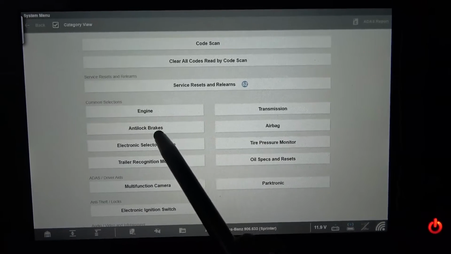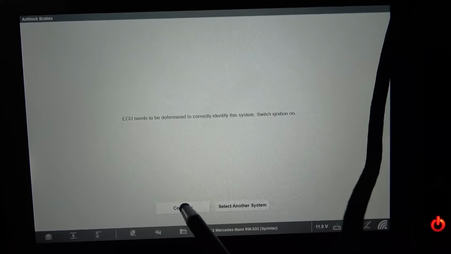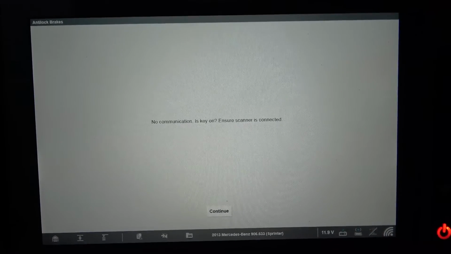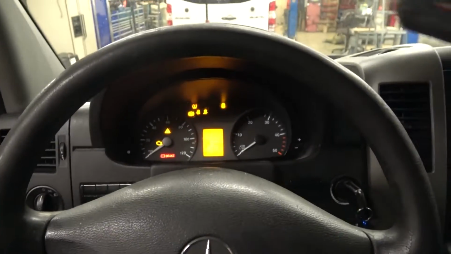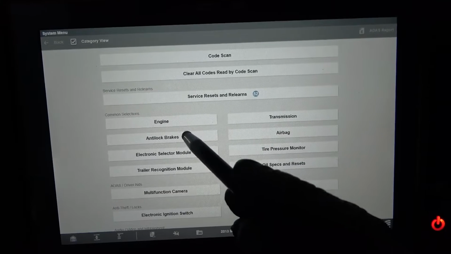Let's try to communicate with it. Continue. So now we are requesting the scan tool to talk to the ABS control unit. And as you can see, it says no communication. Is key on? Yes. The key is on right now on the dash. And we cannot talk to the ABS control unit. Okay. So we have a no COM problem with the ABS control unit.